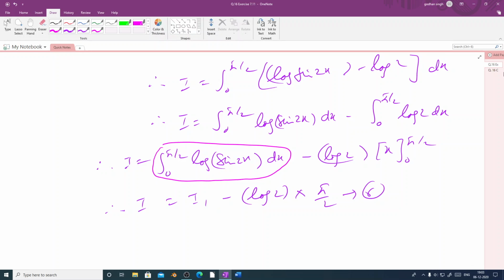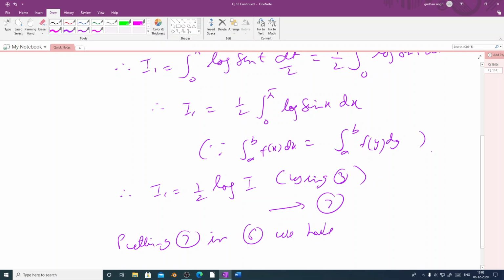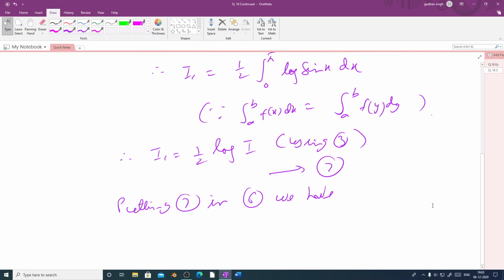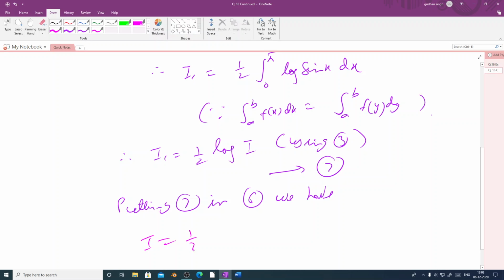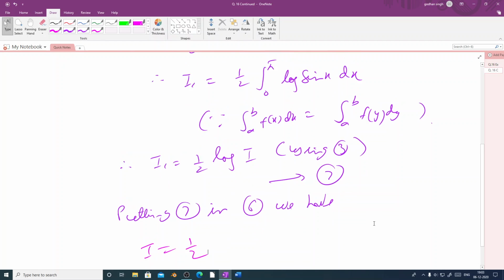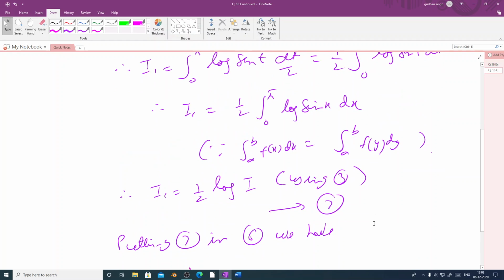So let us move back to that only, it will be easier, it will be right also. So we are getting I equal to, in place of I1 we write half, and how we got here, this is not log I, sorry, this is half I, because this whole is equal to I, we have seen in the third one.